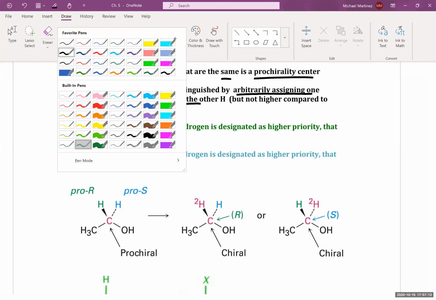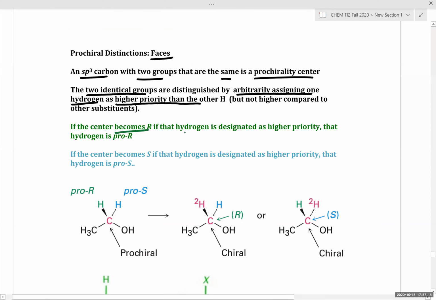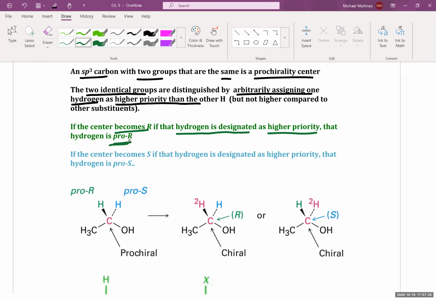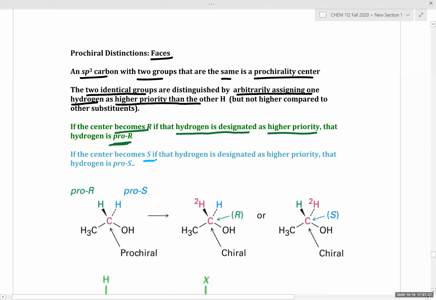If the center becomes R when that group or hydrogen is designated as higher priority, that substituent would be pro-R. If that stereocenter becomes S, if that hydrogen is designated as higher priority, then that hydrogen would be pro-S.